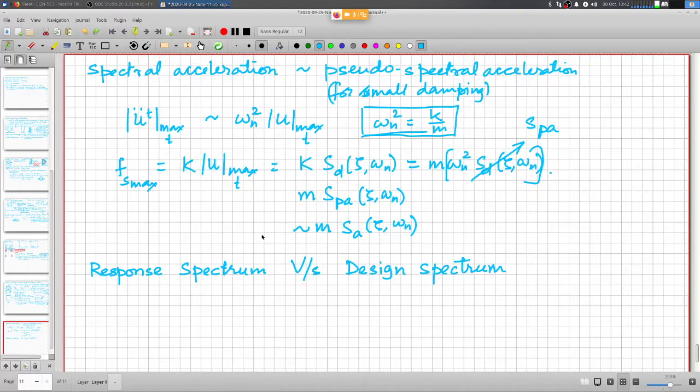So it is not a single structure, rather it is a single time history. Your excitation is the same, right? So this response spectrum is computed for a given accelerogram.